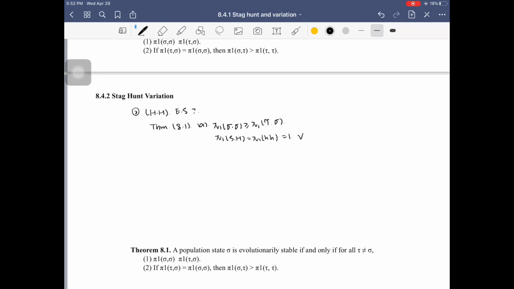For the second criterion B, if pi 1 of tau, sigma equals pi 1 of sigma, sigma, then we need to check if pi 1 of sigma, tau is greater than pi 1 of tau, tau or not.